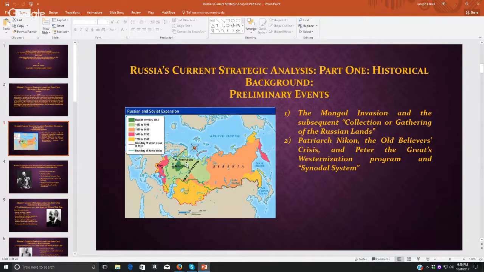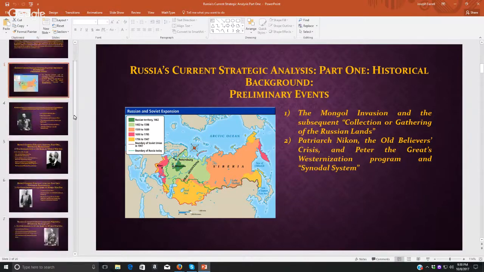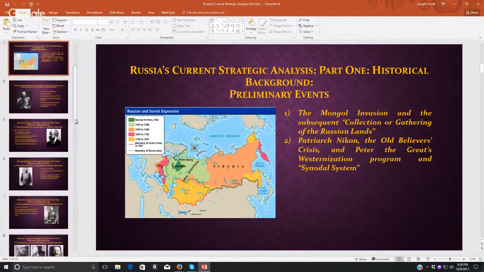So the church under Peter the Great is effectively transformed, in a certain sense, into an internal intelligence agency. And it functions in some respects that way throughout the rest of Russian history up until the modern period.